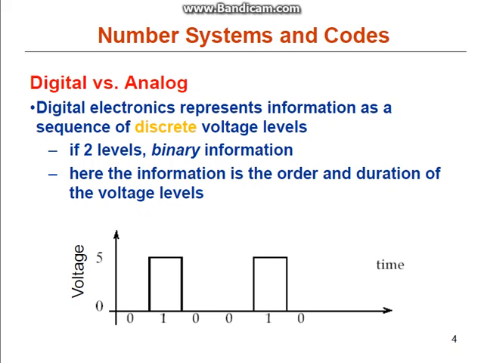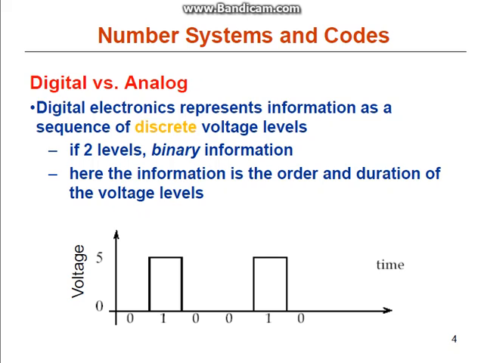Always remember, for digital, the key word here is discrete. You represent the information basically on discrete voltage levels or discrete levels. Here it could be anything. It doesn't have to be just voltage, it can be current as well. So it really depends on what you're trying to represent.